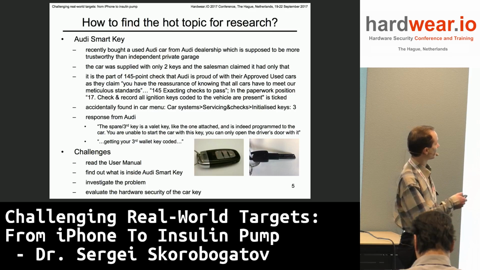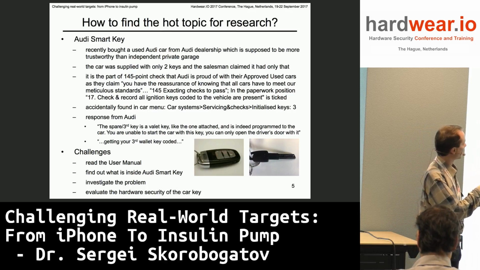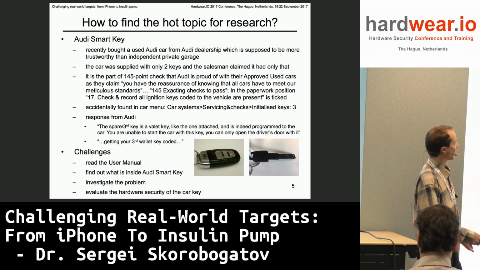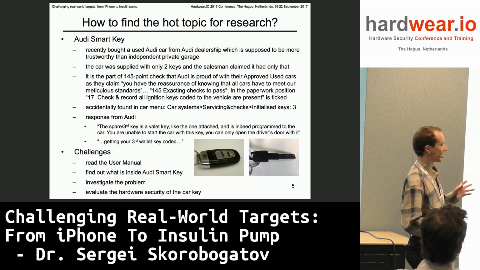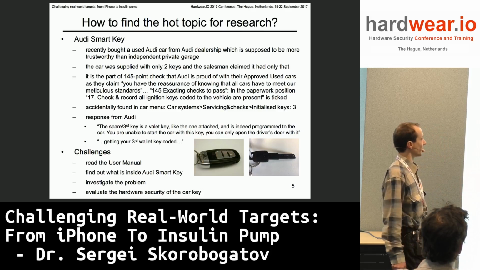And one of the parts of this process is to check whether all the ignition keys in the vehicle are present, and that was obviously ticked. And then I accidentally found in the car menu that the number of initialized keys is actually 3.